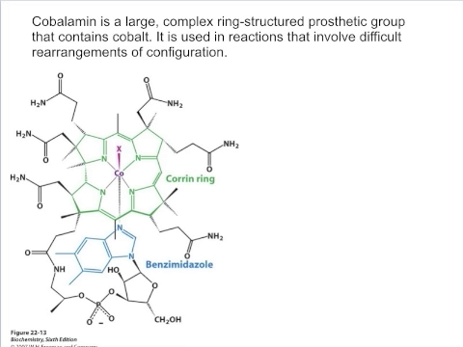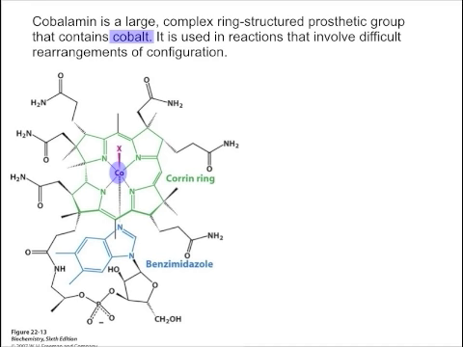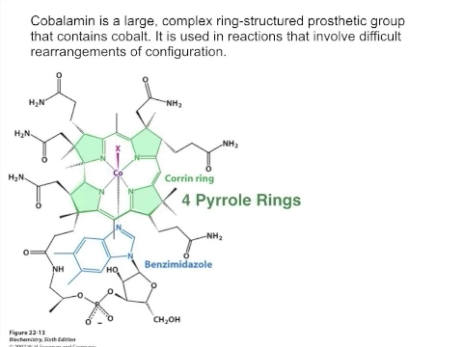Cobalamin is a large, complex, ring-structured prosthetic group that contains a central cobalt. This cobalt is organized in the center of a corrin ring that is a lot like the porphyrin rings that we saw previously, in that it is comprised of 4 pyrrole rings. However, these pyrrole rings have different degrees of saturation and different substituents than the porphyrin ring.